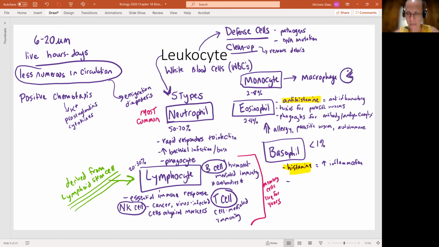We also see it producing heparin, which is going to oppose blood clotting. So let's highlight this chemical as well that we're producing.